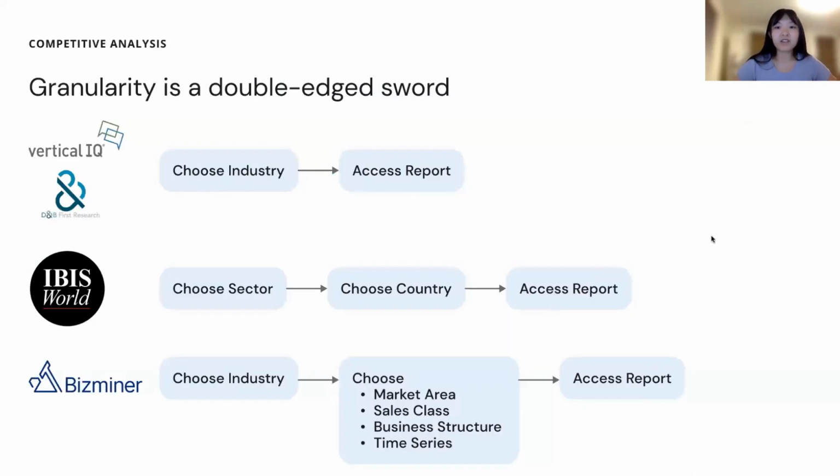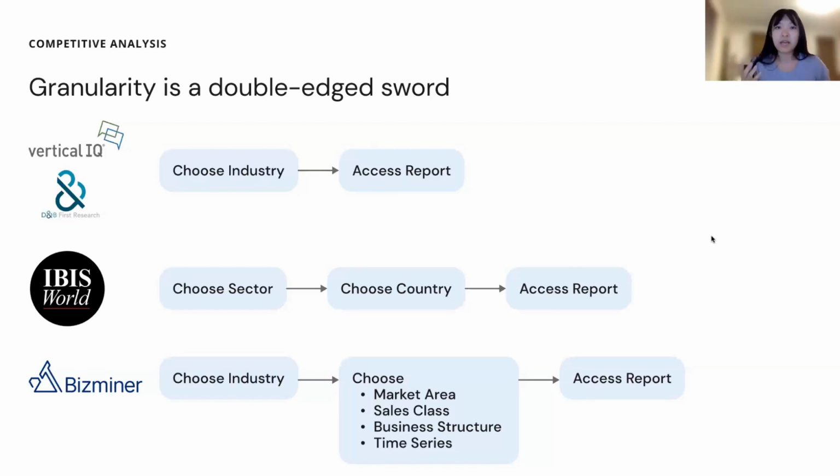And I quickly learned that that granularity value proposition that BizMiner had was kind of a double-edged sword for them, because looking at their competitors, I looked at Vertical IQ, First Research, and IBISWorld. And for all of them, the reports and the data was all pre-made. So users just had to go on their site, select an industry, and in IBISWorld's case, also select a country, and then the report was ready to go for them.